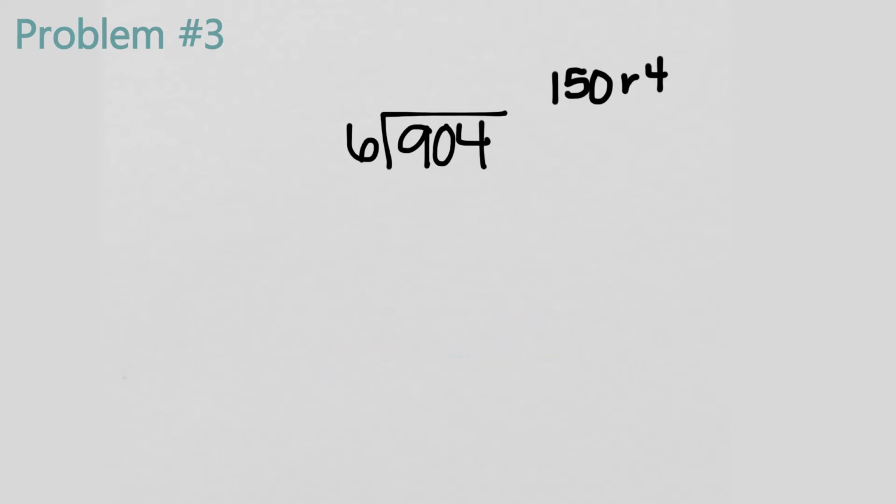Welcome back. You should have gotten 150 remainder 4. Now let's go through this problem together. How many times does 6 go into 9? 1 time. We subtract the 6, bring down our 0. How many times does 6 go into 30? 5 times. 5 times 6 is 30.